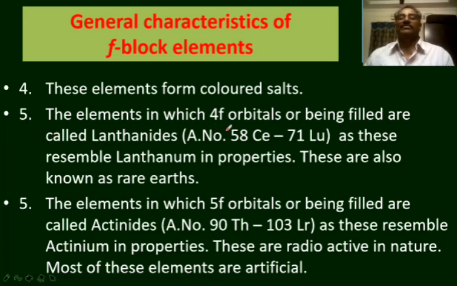The elements in which 4f orbitals are being filled are called lanthanides. The atomic number of lanthanum is 57. Its electronic configuration is 6s2 5d1. For the elements from cerium to lutetium, that is, atomic numbers 58 to 71, the 4f orbitals are being filled.